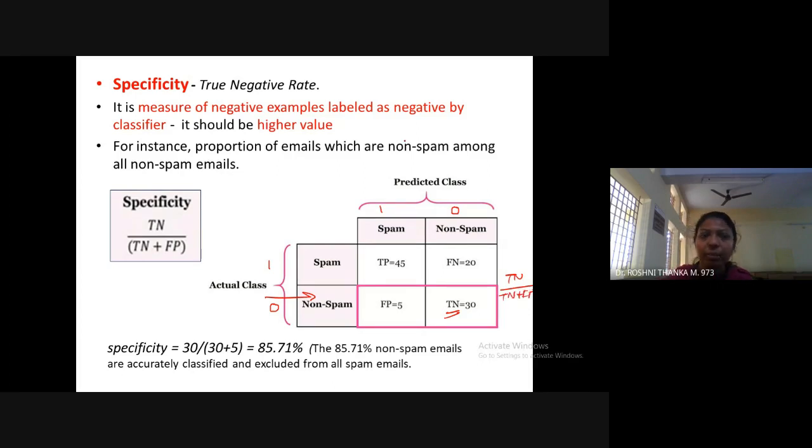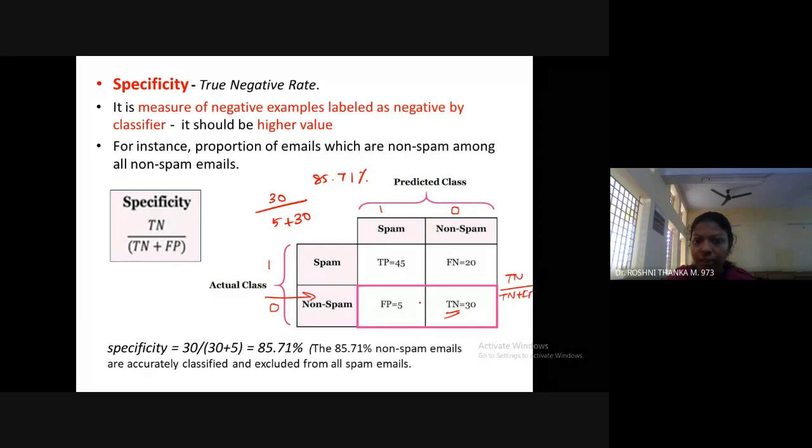It measures the negative labels and how many are correctly predicted. Here it is 30 divided by 5 plus 30, which results in 85.71%. So from this, what will you say?